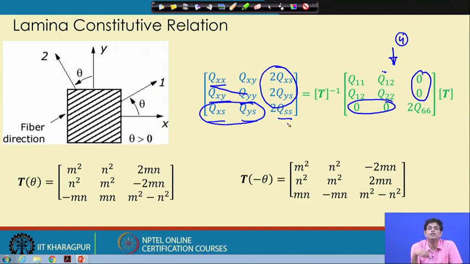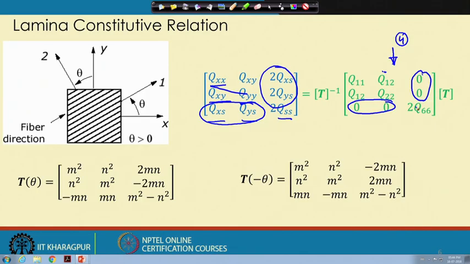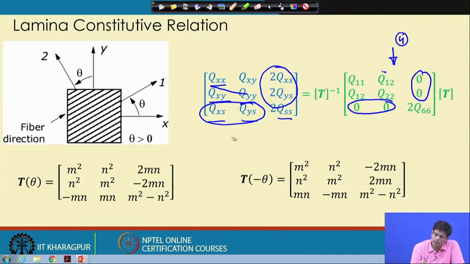Even though these coupling coefficients are not independent, because they are functions of Q11, Q12, Q22, Q66 and theta, through m and n, the cos theta and sin theta. So essentially the number of independent parameters is 5: Q11, Q12, Q22, Q66 and theta.